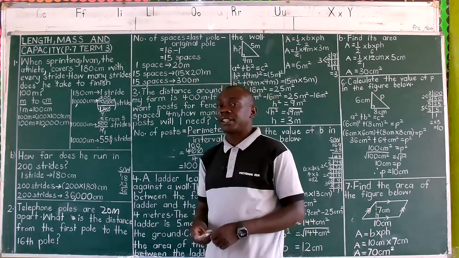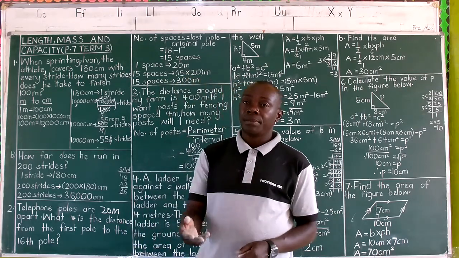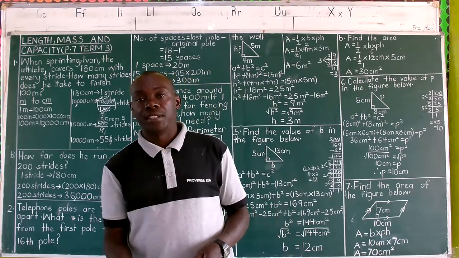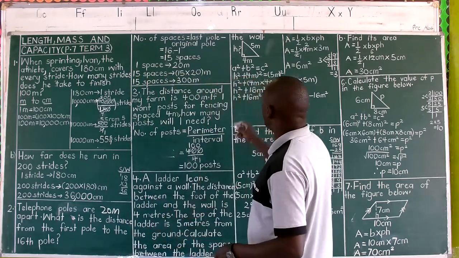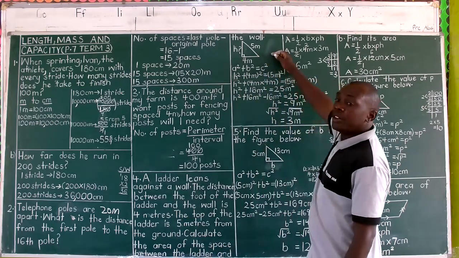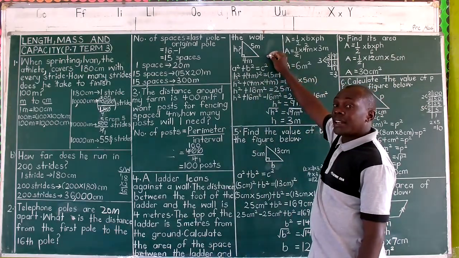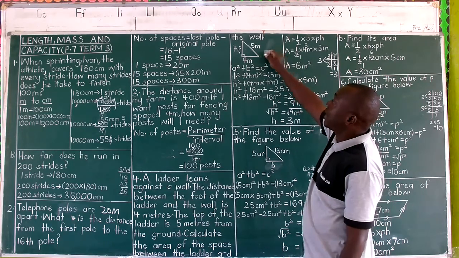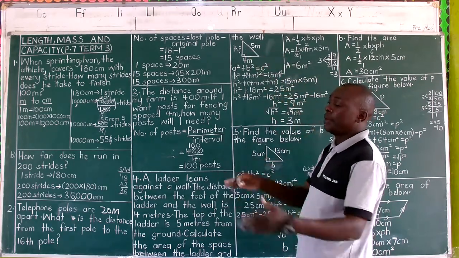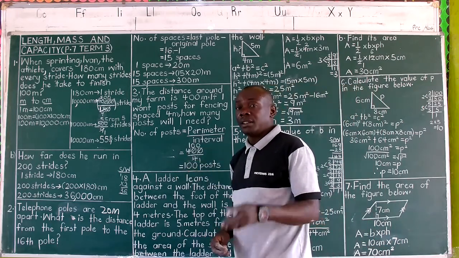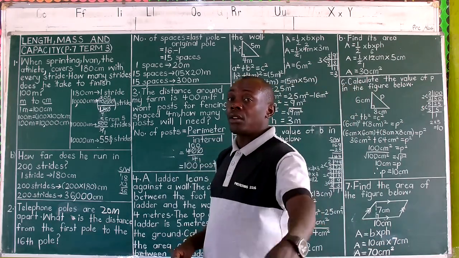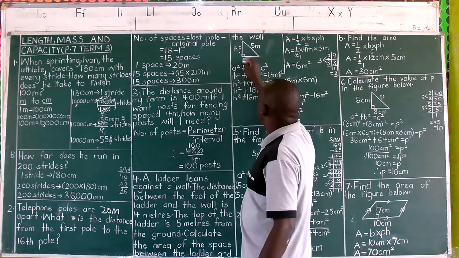Now we are in P7, so you must have reached perfection at P7 level. So whenever you lean a ladder against any wall, a triangular shape will be formed between the ladder and the wall itself. So this is the shape.